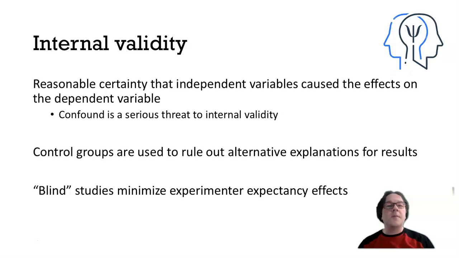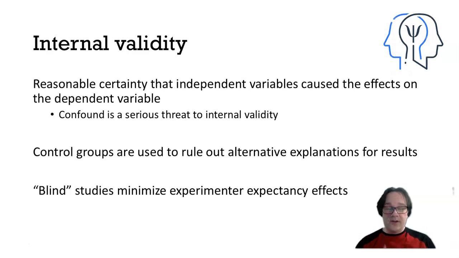So when we talk about internal validity, this is the degree to which we're reasonably confident that our independent variables actually caused effects on the dependent variables, meaning that we're reasonably confident that any changes we saw, let's say in our example of depression, that any changes in depression we saw were actually caused by the independent variable, our medication, our Prozac, and not some other variable that we didn't measure.